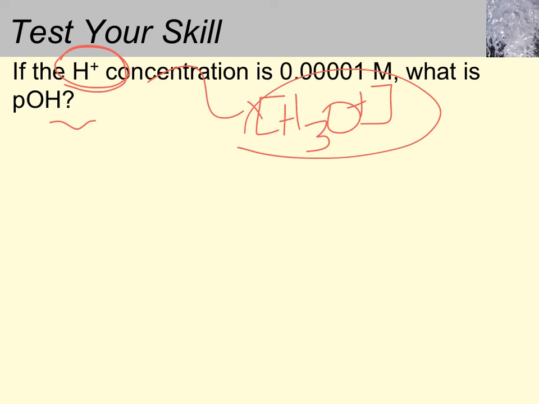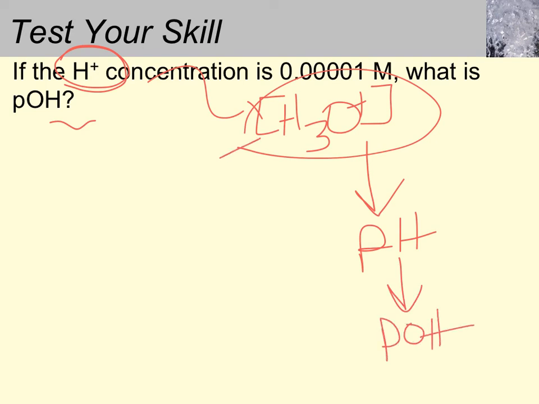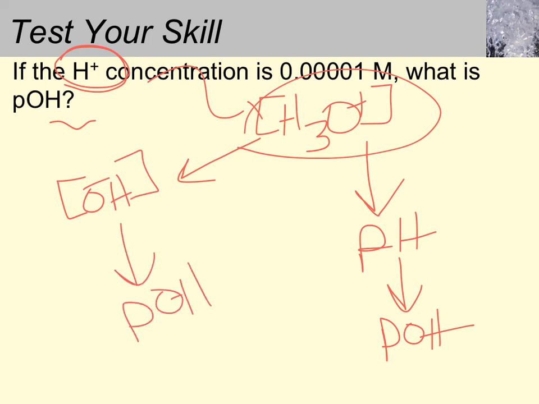There are two ways to do it. I can either convert the hydronium ion concentration to pH and then convert pH to pOH, right? Or I can convert the concentration of hydronium ion first to the concentration of hydroxide and then get pOH directly. So you can do it both ways.